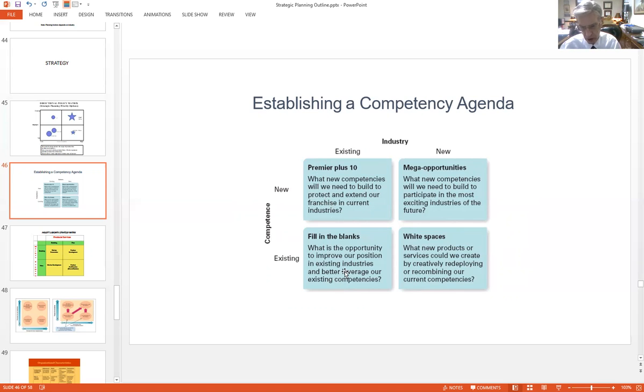Filling in the blanks is what we try to do every day. We try to develop our current capabilities to deal in our current industry and just get better at it. We can take our existing capabilities and try to move them into a new industry or a new segment of the market that we're already serving.